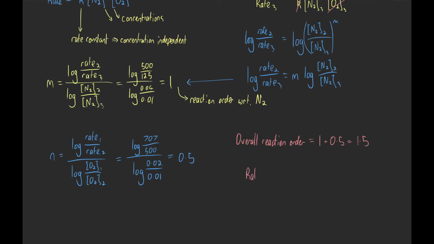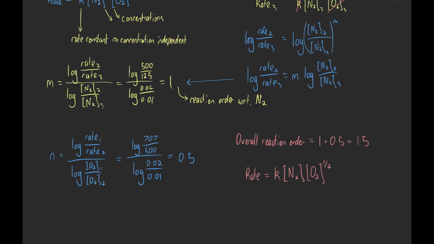And we can write our rate equation as k times N2 to the power of 1 multiplied by O2 to the power of 1/2, or 0.5. Now this rate law looks a little bit different than what we may have seen before, but just because we have this fraction in our order here doesn't change anything. We still deal with it in exactly the same way.